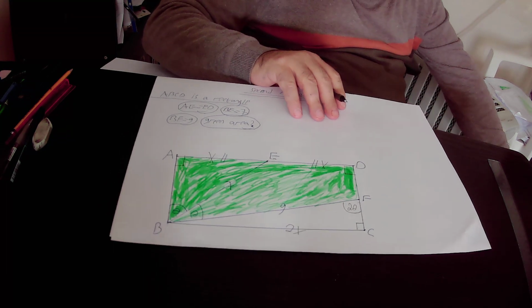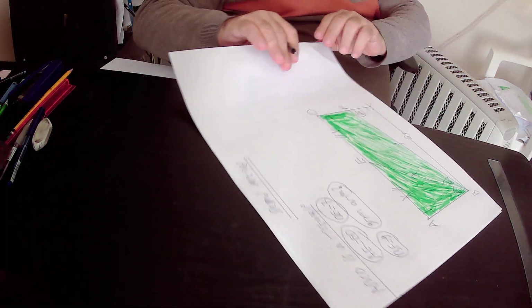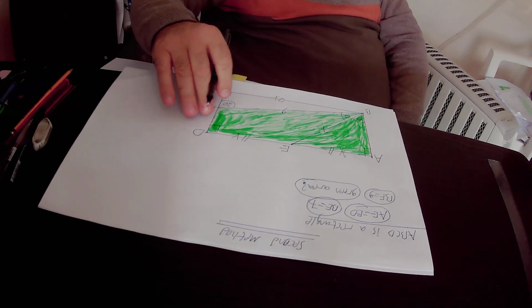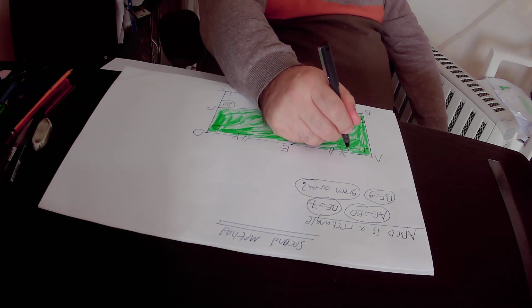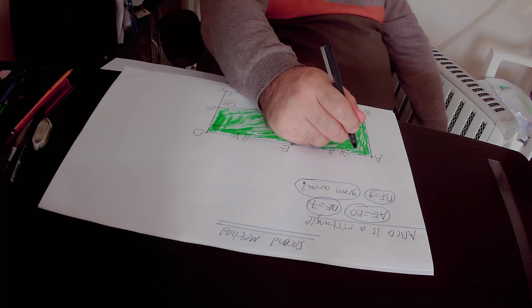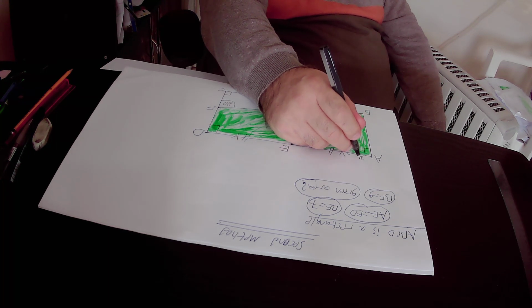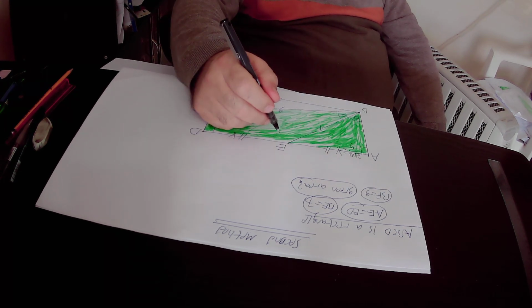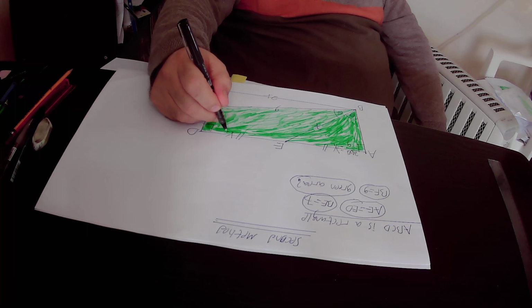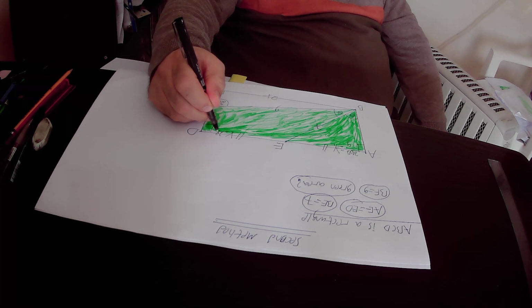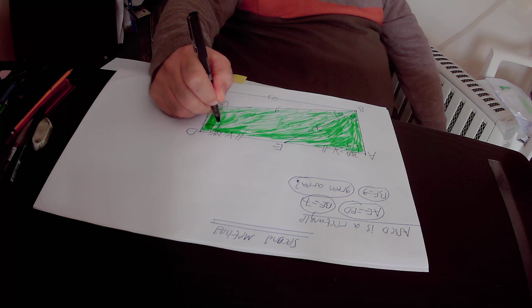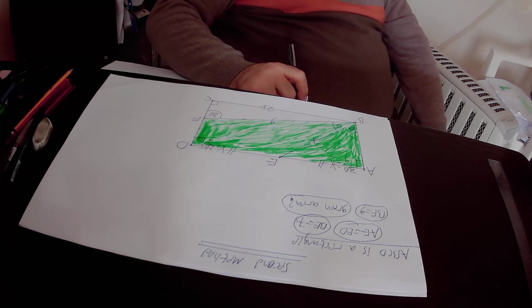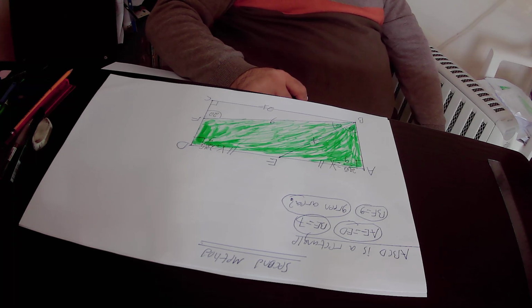So I found out that x equals 28 times square root of 2 over 9.